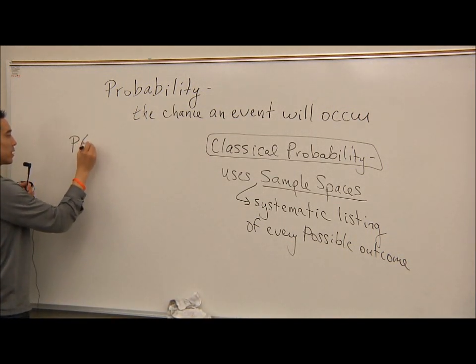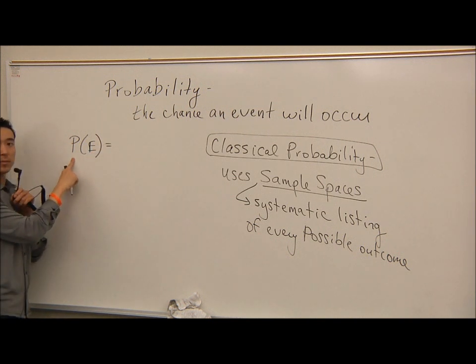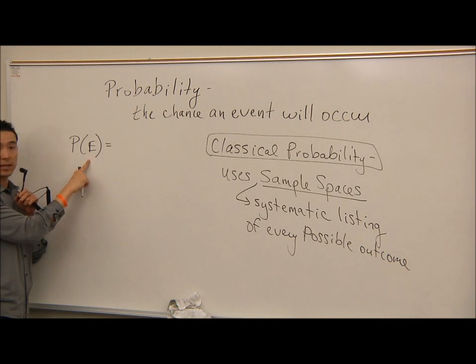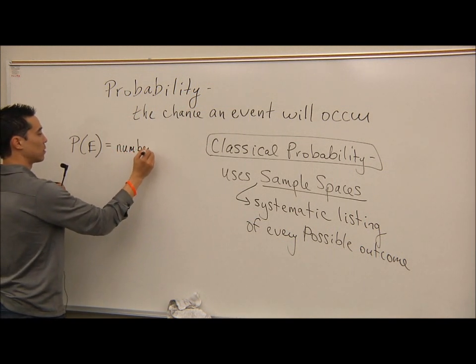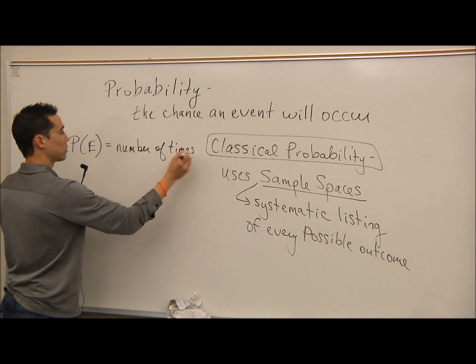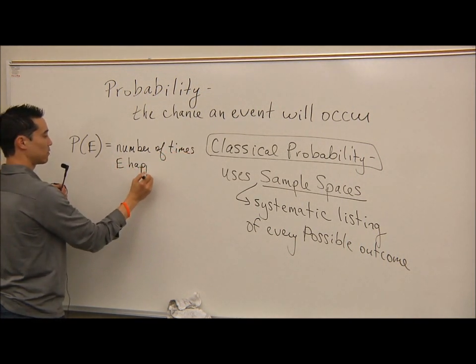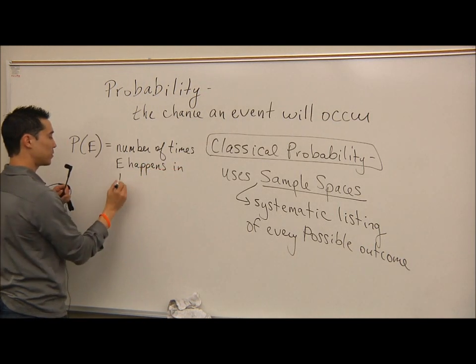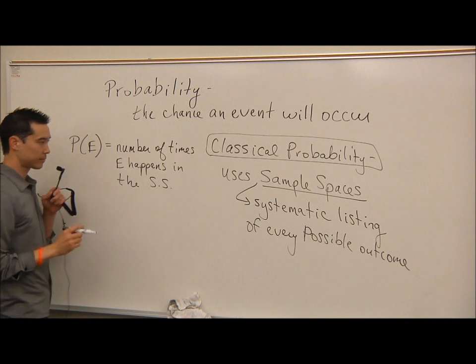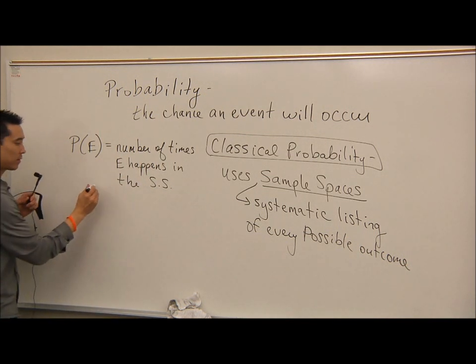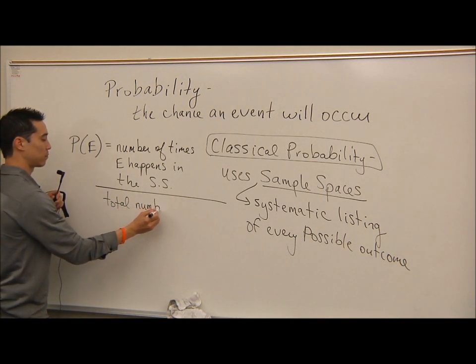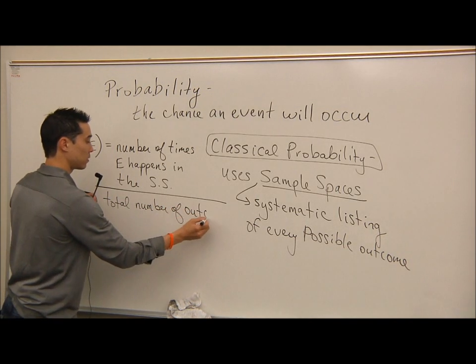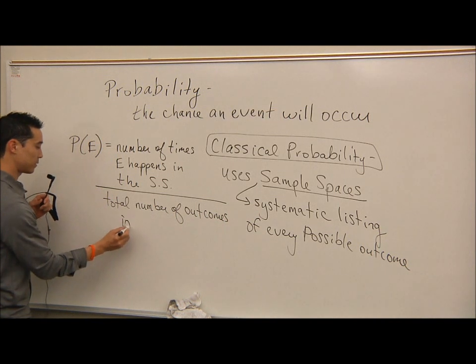So let's say, and here's my notation, the probability that event E occurs, okay, P of E. And we read this, the probability that event E occurs is the number of times E happens in the sample space divided by the total number of outcomes in the sample space.